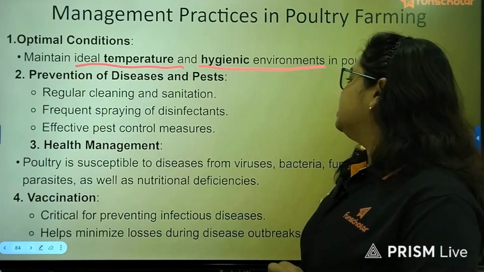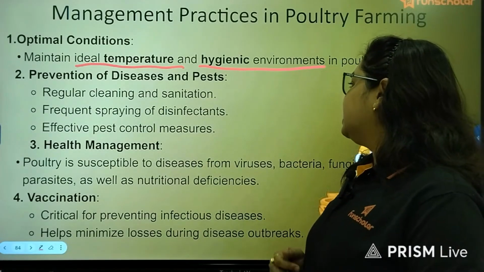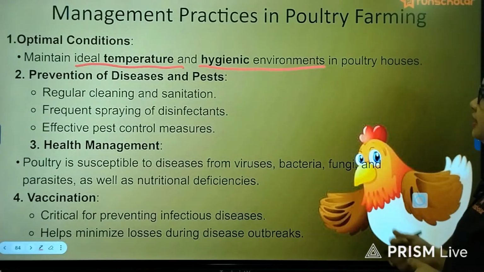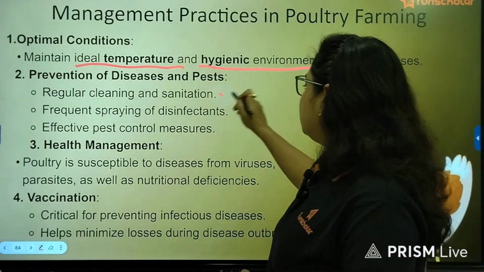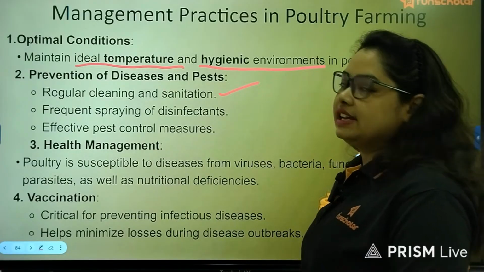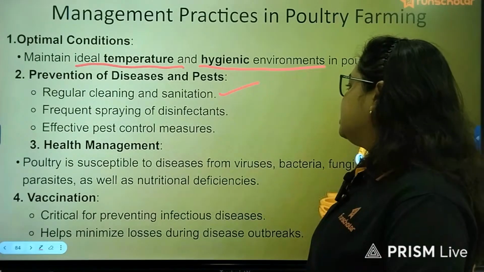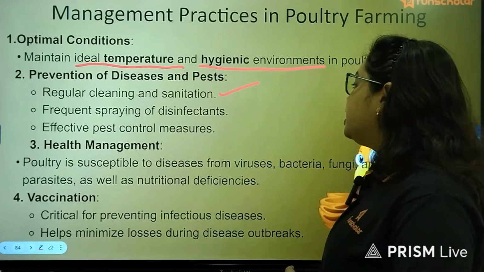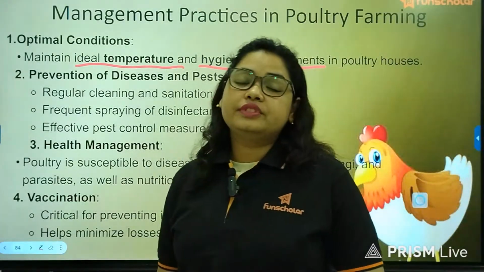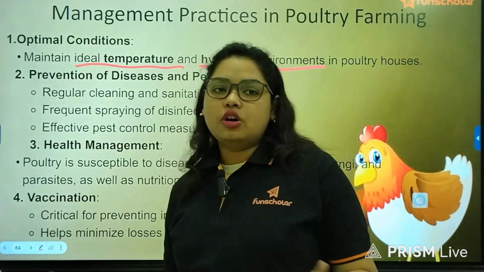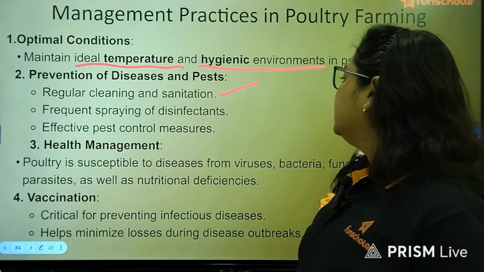Then prevention of diseases and pests: regular cleaning and sanitation will ensure that, because in regular cleaning and sanitation we are getting rid of their excreta, and the spread of the disease will be minimized. Frequent spraying of disinfectants, if there is the presence of any pathogen, microscopic or macroscopic, then that will be killed.